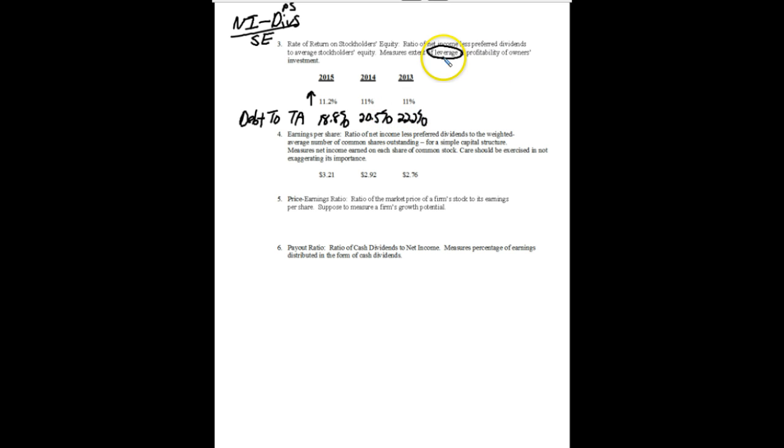So let's look at why I say if this goes up, usually I'll see debt to assets go up. Let me put it down at the bottom, I have a little more room. Assets equal liabilities plus stockholders' equity.